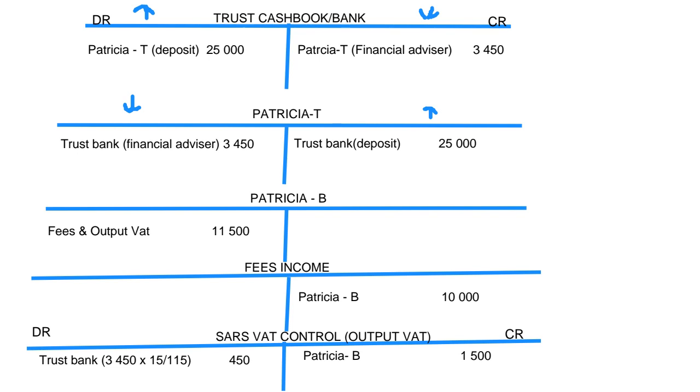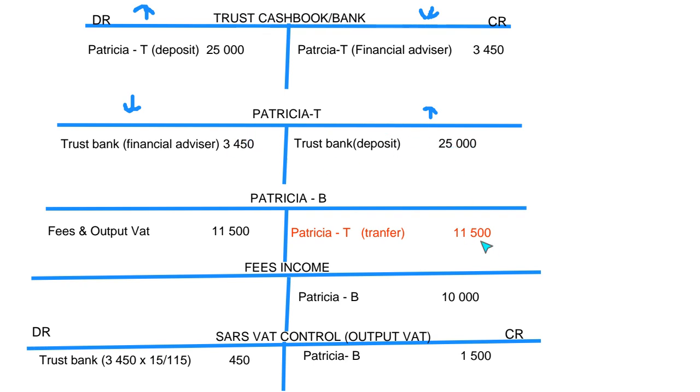Remember, when I do the transfers, I do transfers between Patricia business and Patricia trust account. I'm going to say Patricia trust account, and in brackets, I'm just going to say transfer. I can transfer the whole amount of 11,500. Can you see how we do the transfer? I transferred the whole amount because I checked there is enough to cover.